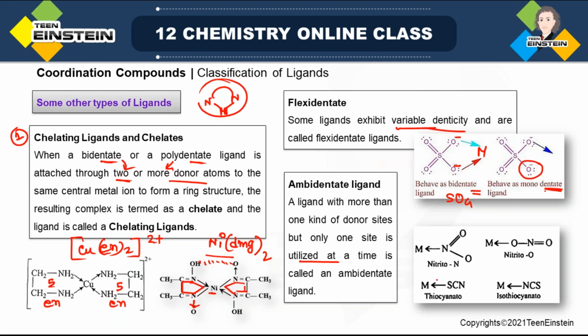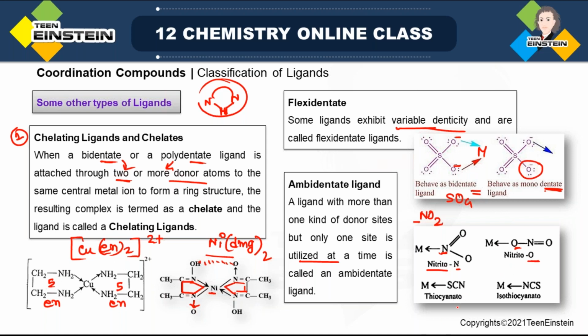The example here is NO2. NO2 can bind to the metal through nitrogen or through oxygen. When it uses the nitrogen atom as the donating site, it is called nitrito-N. But when it uses oxygen as the donating site towards the metal, it is called nitrito-O.